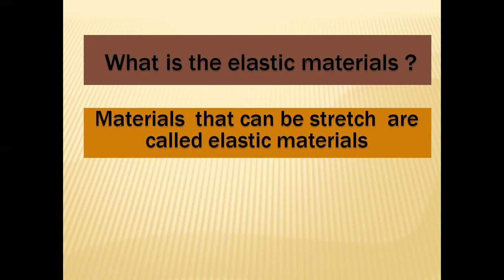Those materials that can be stretched are called elastic material. Anything that has a stretch quality, we will say these are elastic materials. Let's see some examples in the next slide. Let me revise the definition for you. What is elastic material? Materials that can be stretched are called elastic materials.